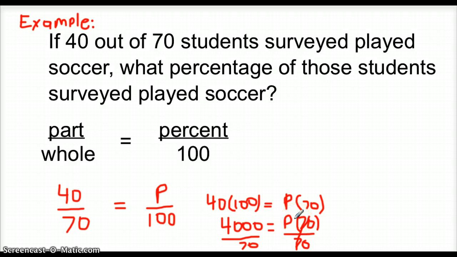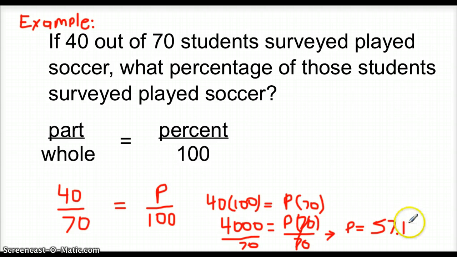So now what we really have to do is just divide 4,000 by 70 to find out what p is, and that will show us that p is in fact equal to 57.14, and that's rounding it. That's not exact, but we'll round it to the nearest hundredth.